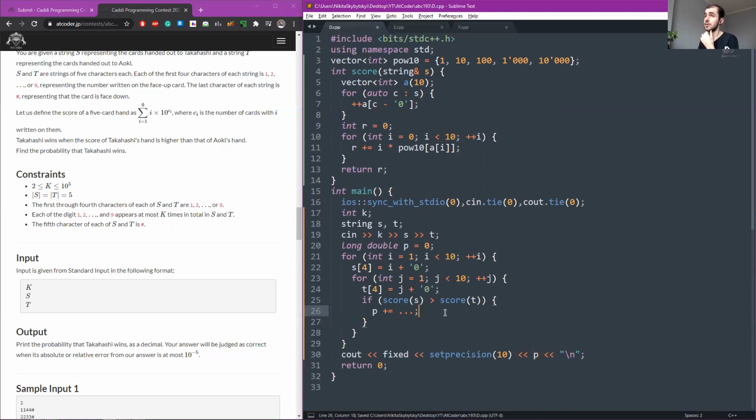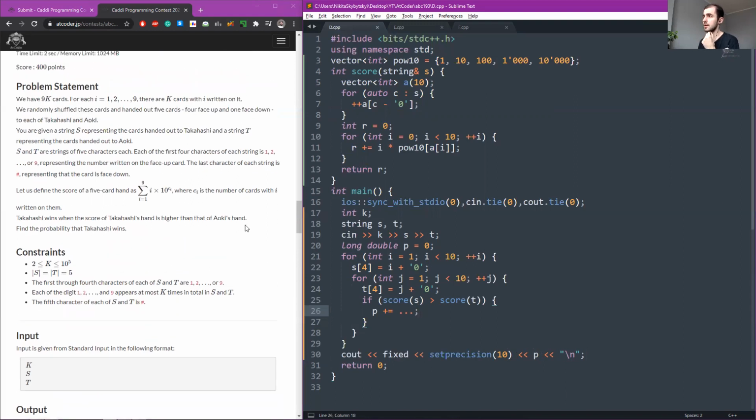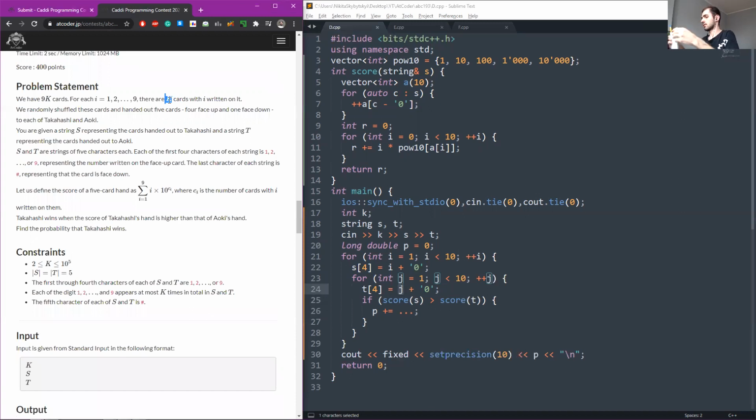What is the probability? Probability actually depends on how many ways in which this could happen. Many ways to have I and J here and here, given that we know how many cards there are overall. For that, I actually need some paper, unfortunately, because it really slows you down. I have K cards of each kind.